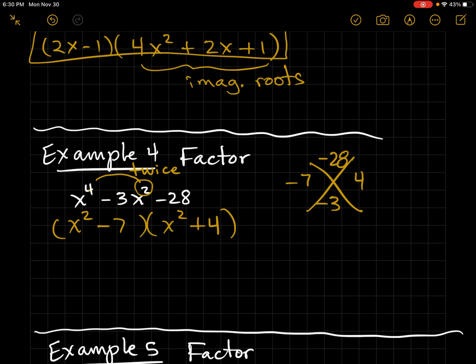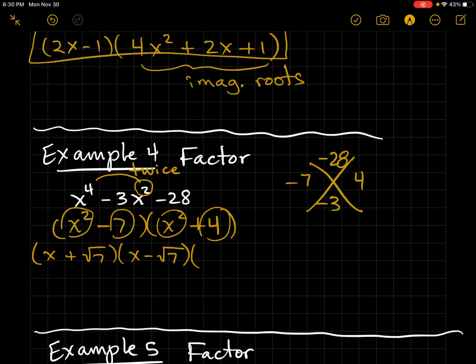Now, here's the thing to realize is that we're not done. Now we have the difference of squares. So that's going to be the square root there is x, and the square root there is 7. So x plus radical 7, yeah, that's a radical 7. So remember what we did in example 1. And now we have the sum of squares. See, this is where it gets fun.